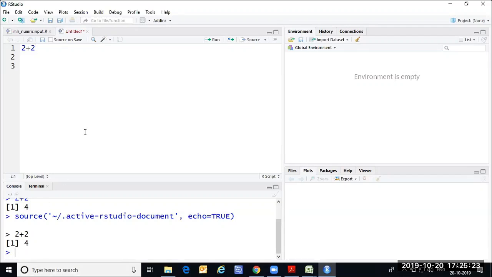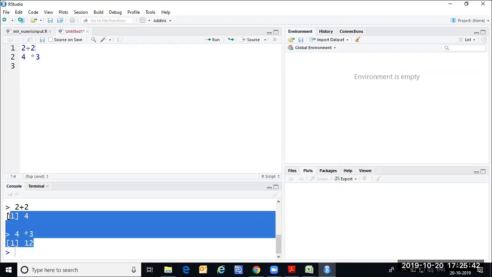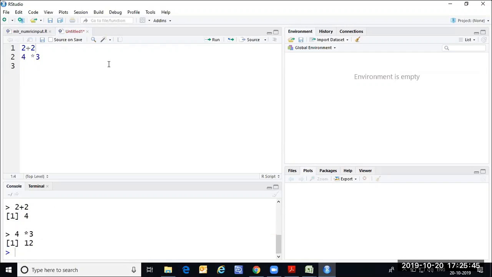When I have multiple lines, the entire script gets executed if you go for the Source with Echo option. Echo means it gives the output in the console window. But if you choose just Source, the script simply gets executed. No result will be shown. What do you mean by sourcing a script?